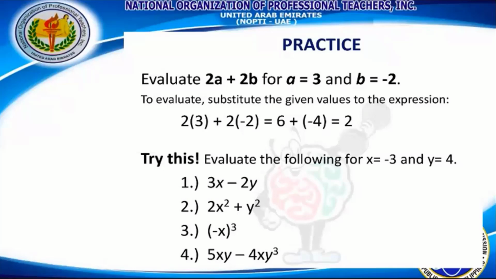Okay, now, paano naman si number 3? Let me see kung ma-apply nyo yung sa integers nyo ang number 3.